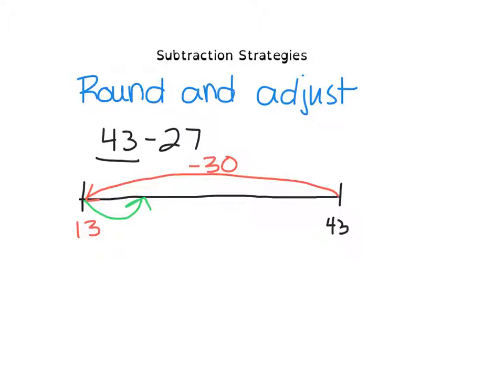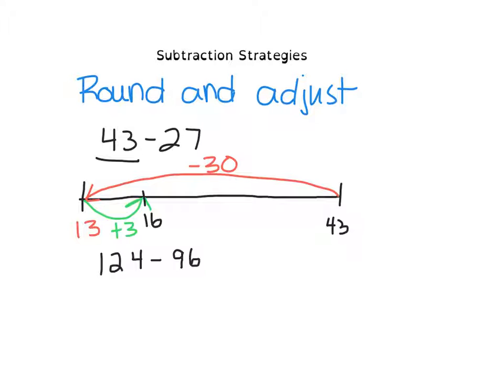Since we took away 3 too many, we're going to have to add on 3 more. So our answer is going to be 16. As you can see, I'm using the same problem that I did in the last one. So when we round and adjust, a number line is going to help us picture that in our mind.